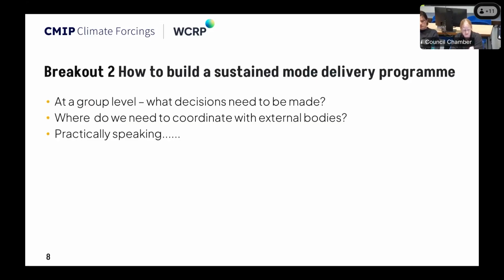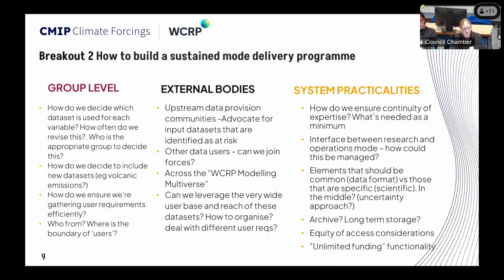So the next slide has, again, just a few prompts, and this will also be freeform. How do we think about which data sets are the CMIP data sets? Does that stay as incumbency forever? Do we need to have some sort of evaluation process? What happens if that is in conflict with requirements from funding bodies? How do we begin to think about that?